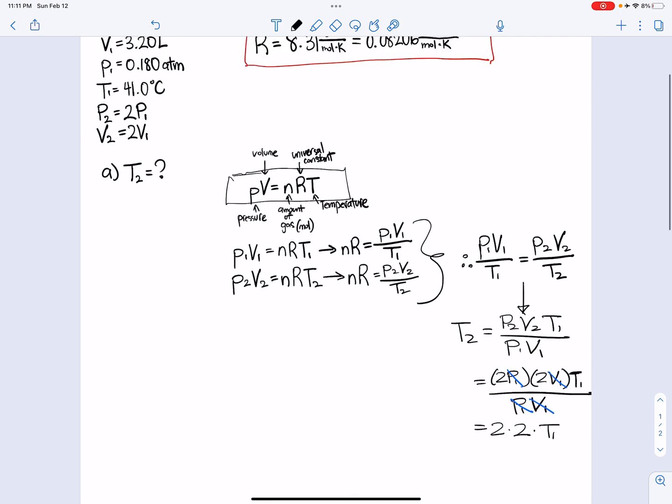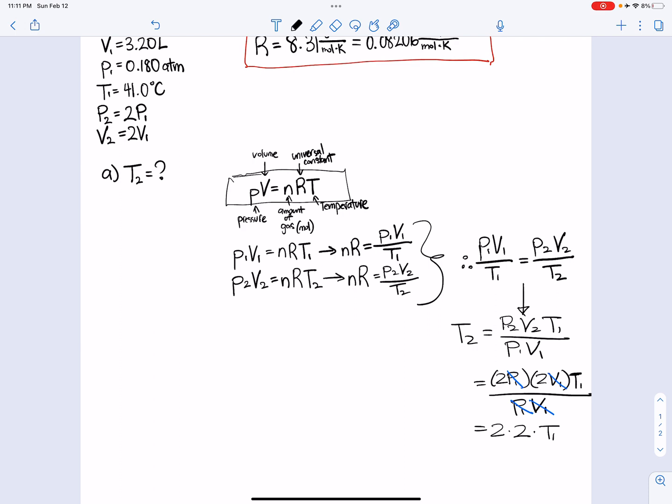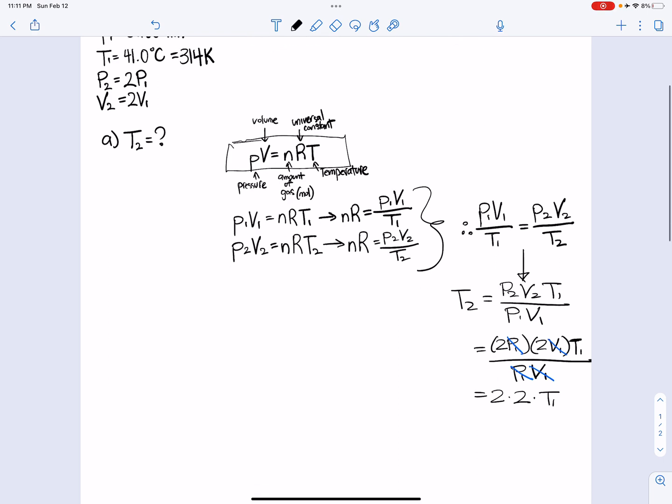And I know T1 is 41 degrees Celsius, so in Kelvin that would be equal to 314 Kelvin. Therefore, T2 is equal to 2 times 2 times 314 Kelvin.